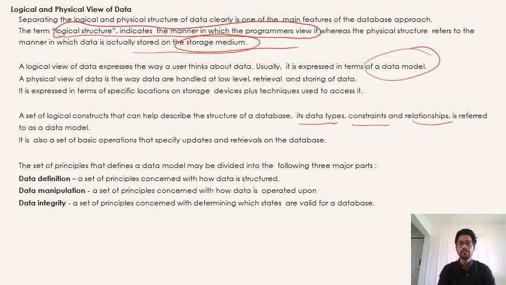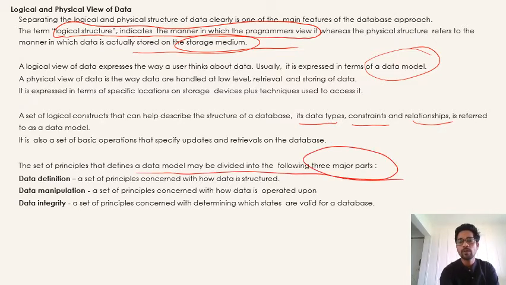The set of principles that defines the data model may be divided into the following three major parts. One is how data is constructed or structured, which is the data definition: how you are going to define that database system.